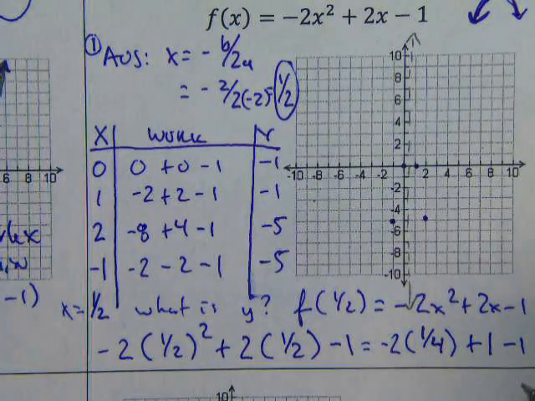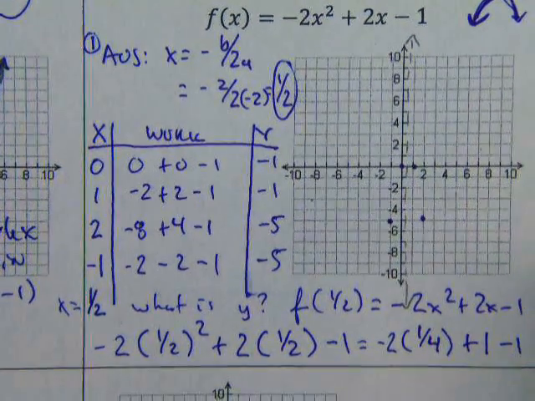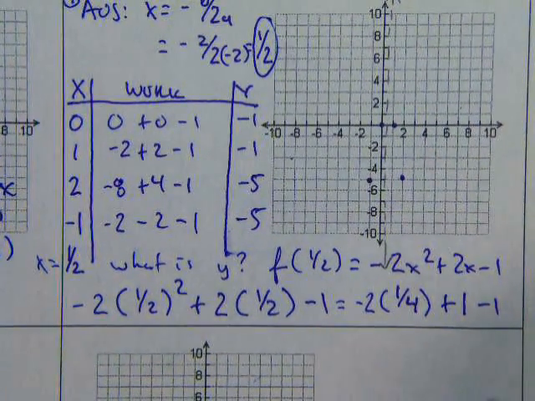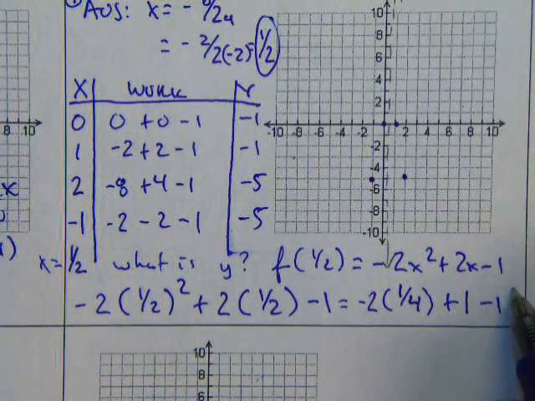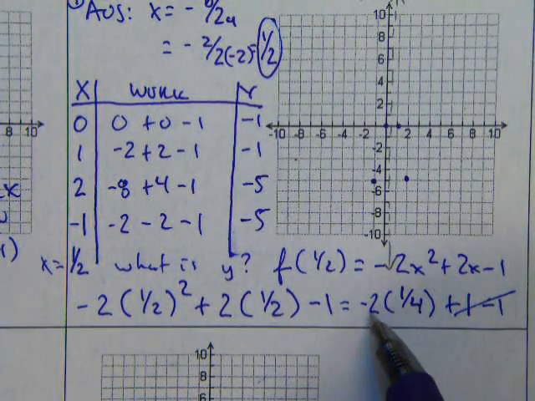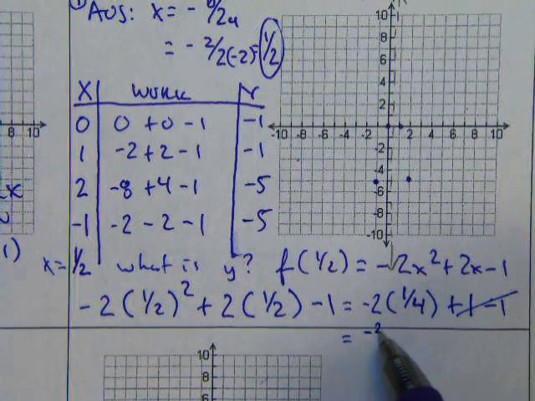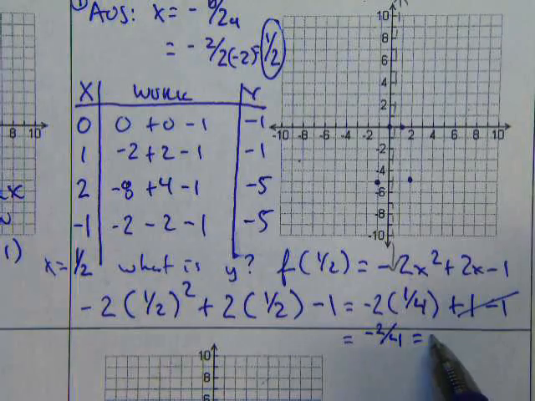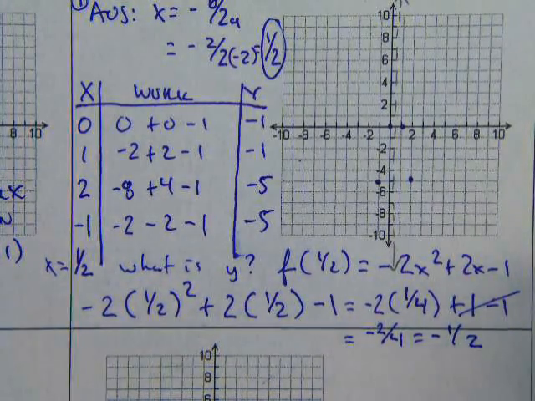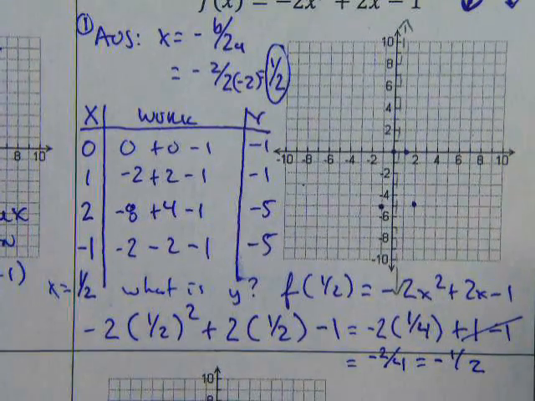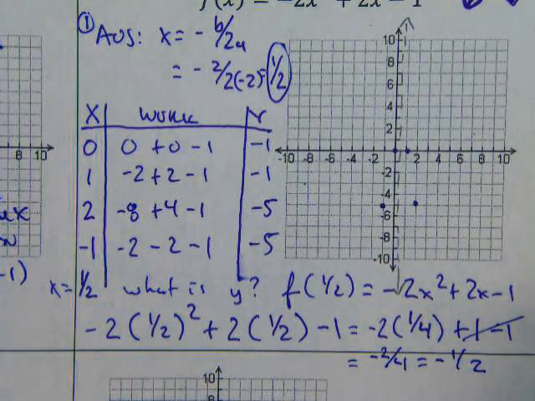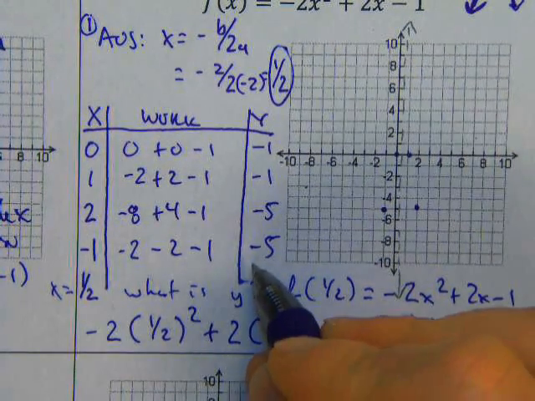Now hopefully you see that these two are going to cancel right here. And then you've got negative 2 times 1/4, which is negative 2 over 4, which is negative 1/2. So that is my y. So x is 1/2, y is negative 1/2.